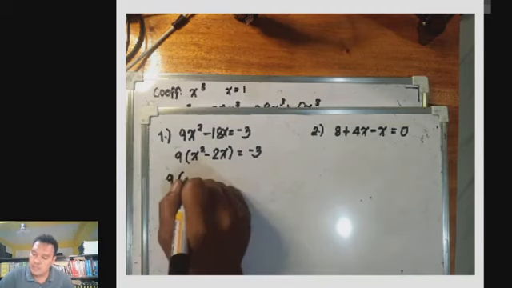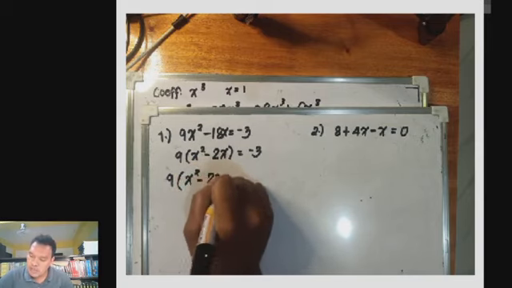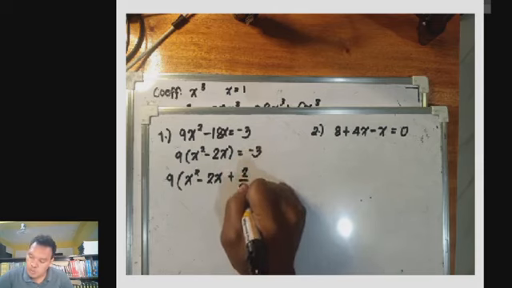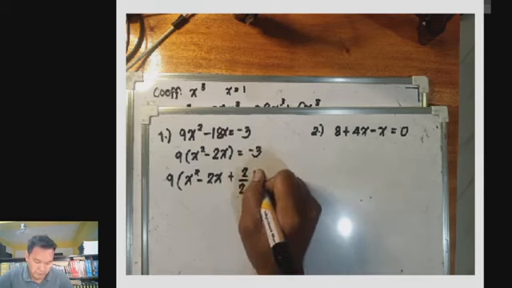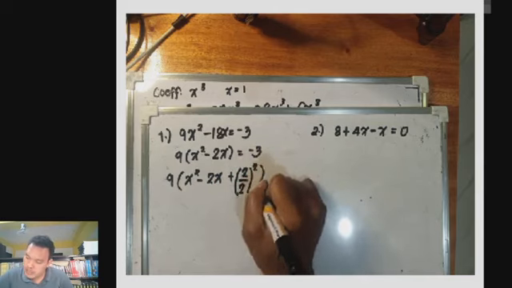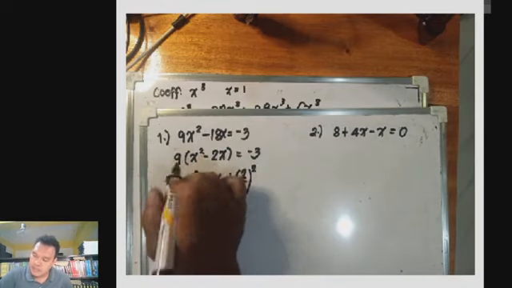So we could say that this will be x^2 minus 2x plus (2 over 2)^2, in parentheses.